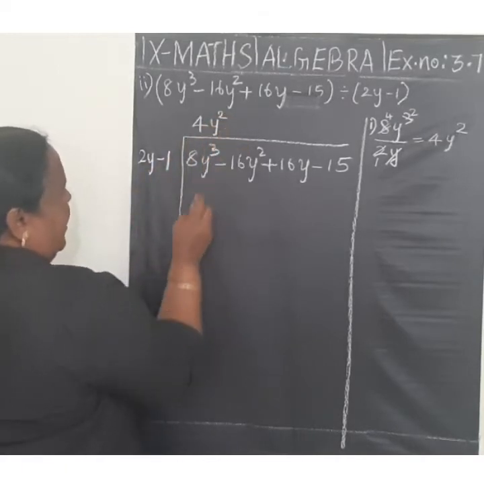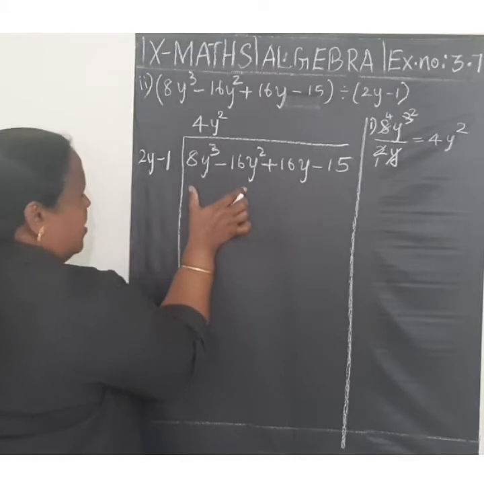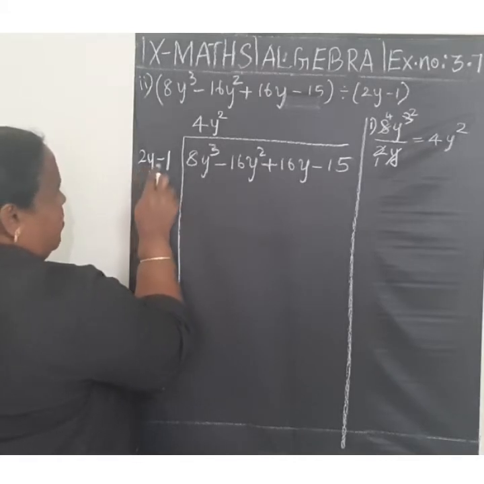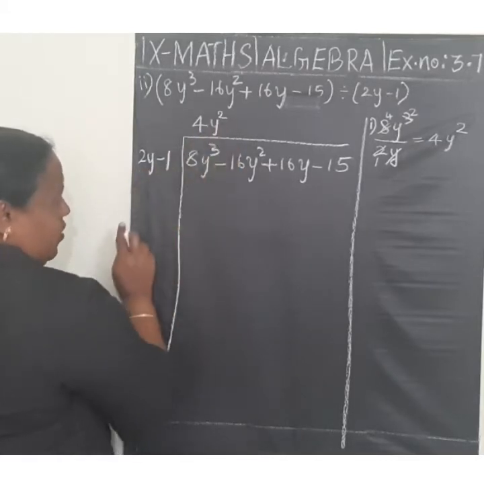4y squared. Next, to get these terms, we have to multiply 2y minus 1 into 4y squared.